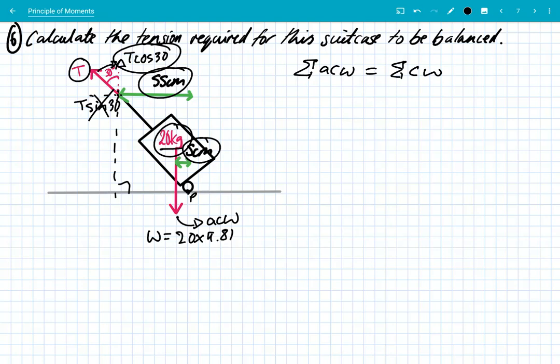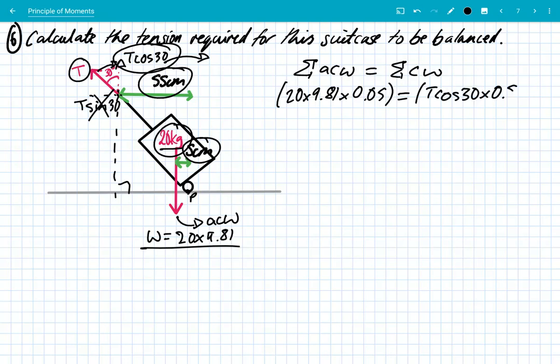We've only got one anti-clockwise moment here, and it's this one here. So we've got 20 times 9.81 multiplied by 0.05 is equal to the clockwise moment, which is T cos 30 multiplied by the distance, 0.55.